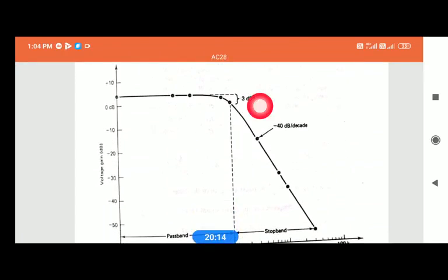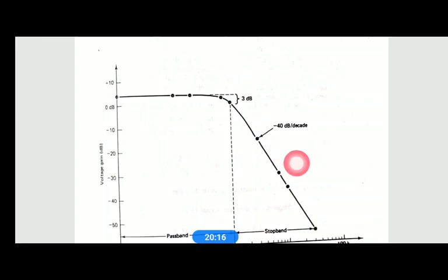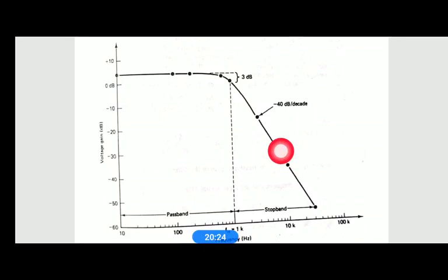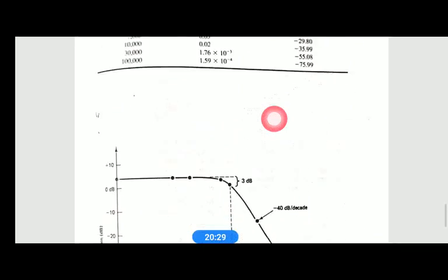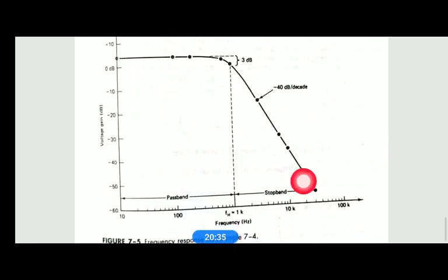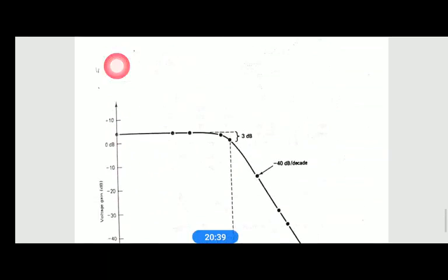Further you increase from 3000 to 30,000, so 40 dB per decade it is reduced. So here we have to plot the points according to the table, with the value of f given on the y-axis and the value of gain in dB on the x-axis.